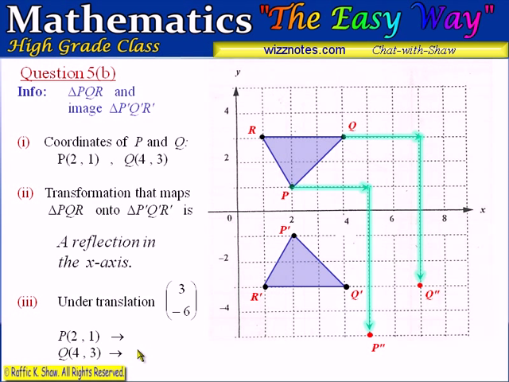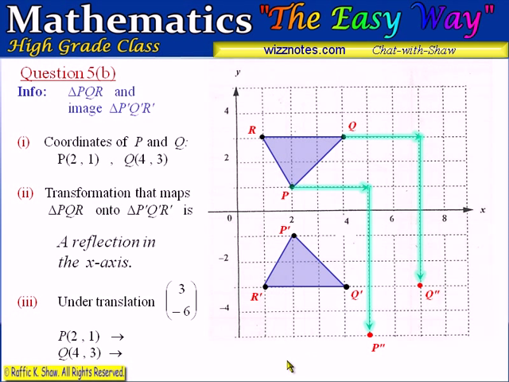So that's it. Another way we could have calculated the image is to add 3 to the x coordinate of P, that would take us to 5, and subtract 6 from the y coordinate of P, that would take us to negative 5. We could have done the same for Q. Add 3 to the x coordinate from here, that would take us to 7, and then subtract 6 from this y coordinate, which would take us down to negative 3.